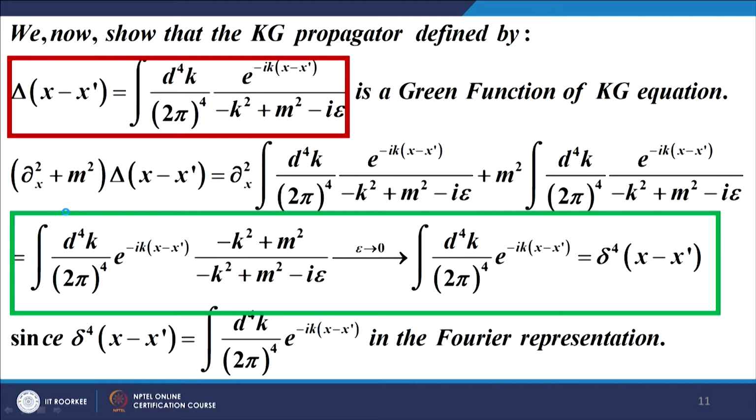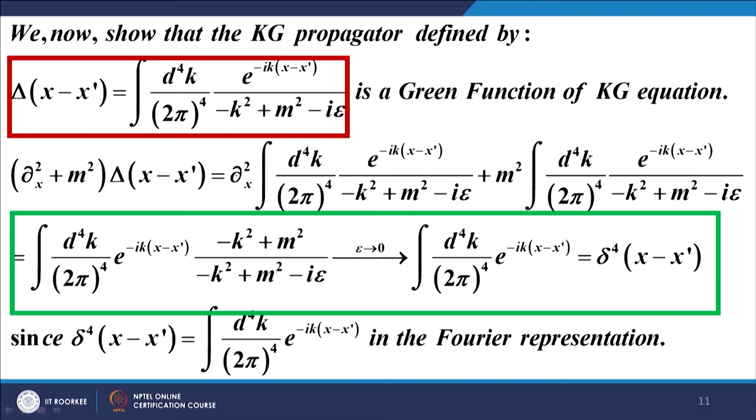That is easily seen by operating on the propagator with the Klein-Gordon operator, del squared x, inside the integral, operating on the e term, and I get minus i k whole squared, that is equal to minus k squared. So, on the operation of this del x squared term on the propagator, I return a factor of minus k squared.